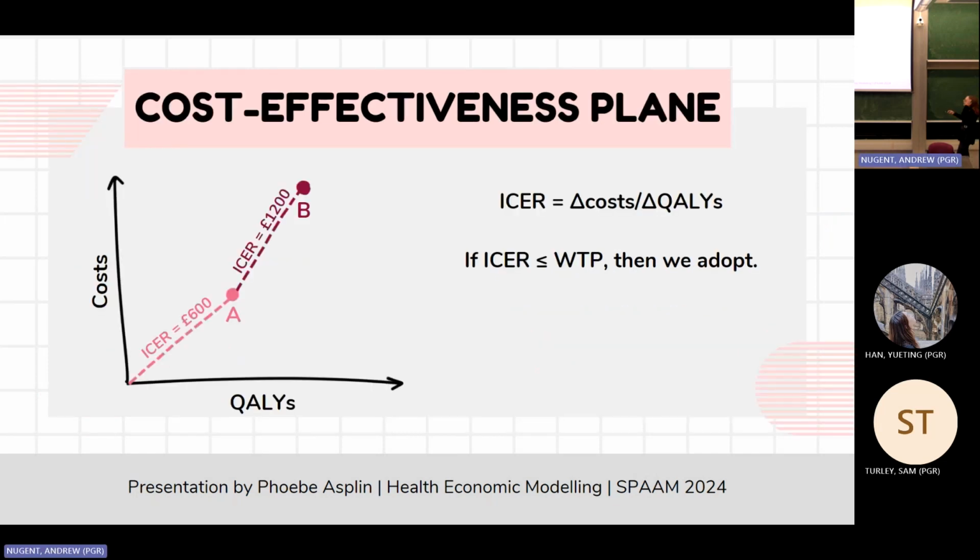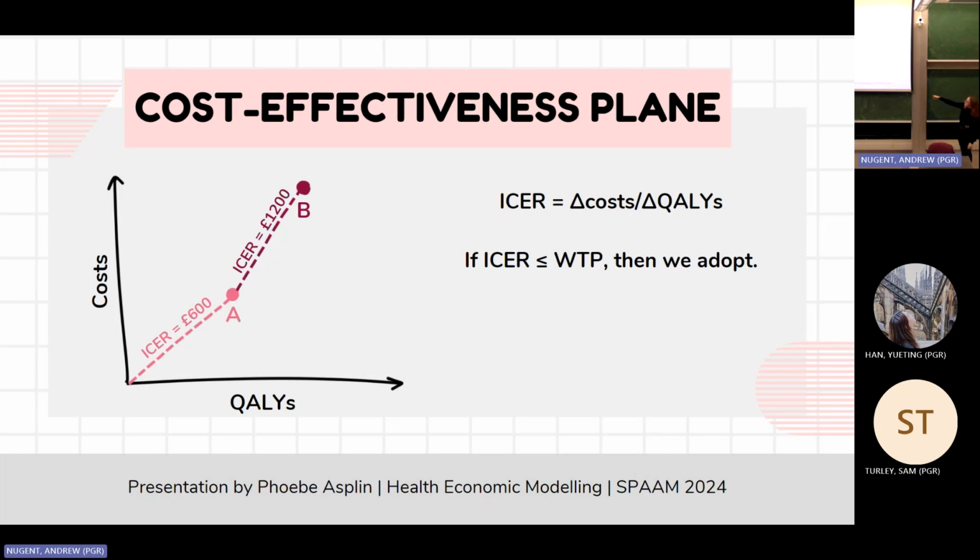So you can plot the incremental cost effectiveness ratios on this cost effectiveness plane. So again, we have QALYs against costs. So the incremental cost effectiveness ratio is just the gradient of this line.